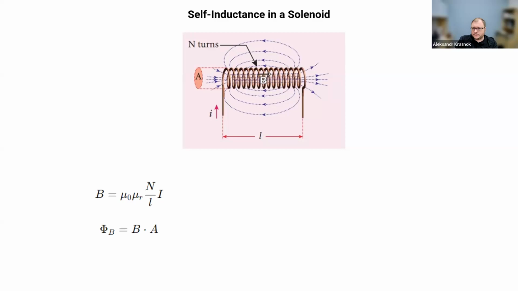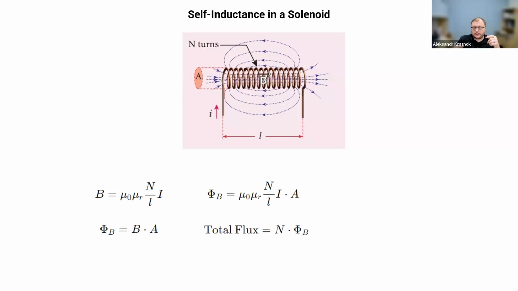For the given magnetic field, we can find the magnetic flux simply by taking the product of the magnetic field and the cross-section area of the solenoid. This is the result. This is the flux through every single turn.